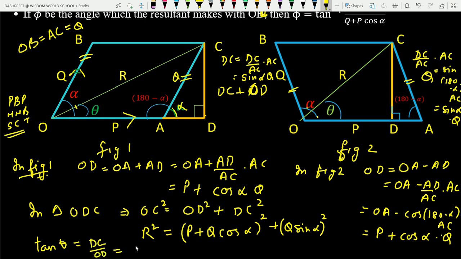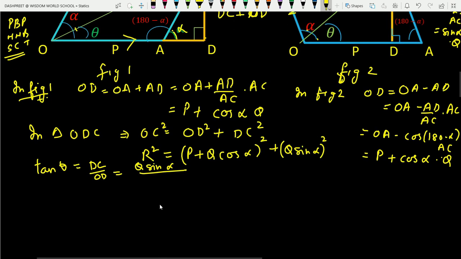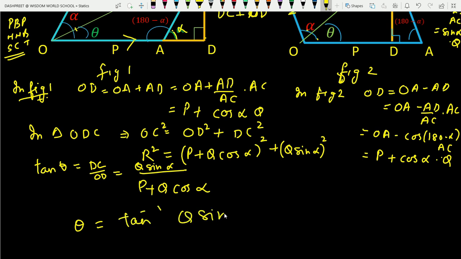The value of DC we have calculated as Q sine alpha, and the value of OD as P plus Q cos alpha. So for both the cases, the value of theta is tangent inverse of Q sine alpha by P plus Q cos alpha. So this is the formula.